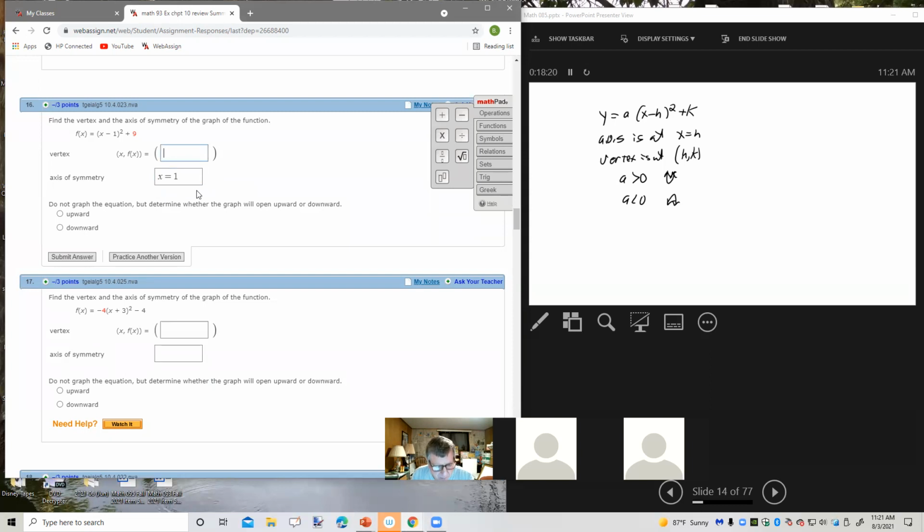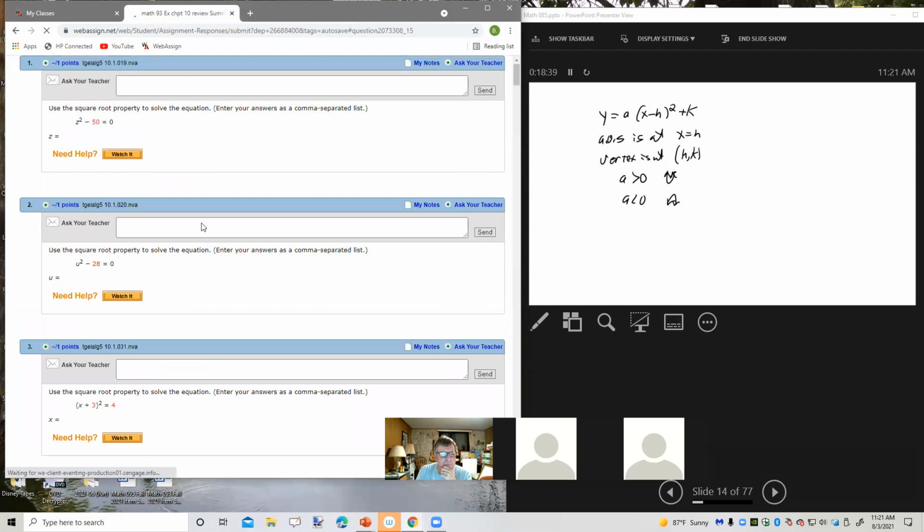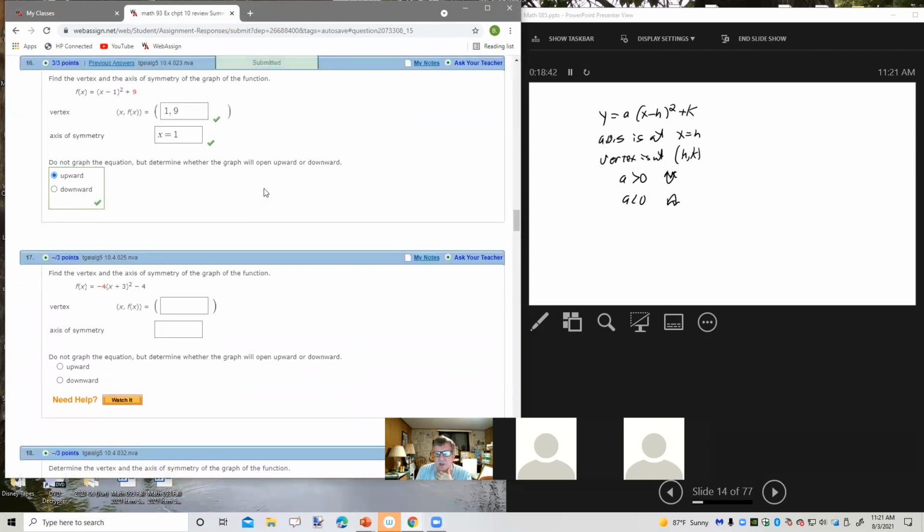The vertex is going to be at (h, k). All right. a is an implied 1 out front. So since a is positive, it opens upwards. Okay. So that's what that would look like. Any questions about that particular problem?